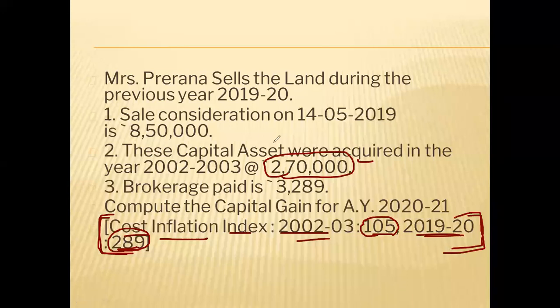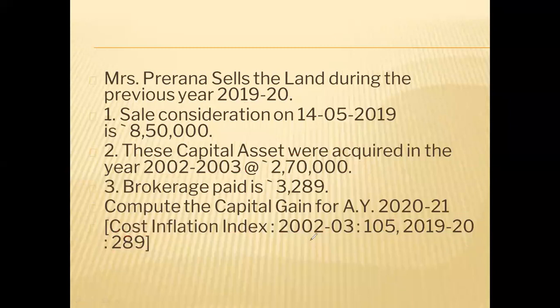Normally relevant are the year of sale and year of purchase. In this question, only 2 years of data is given: 2002-3, which is the year of purchase, and 2019-20, which is the year of sale. Sometimes more data may be given in a question, so you have to select which year is relevant. Year of sale and year of purchase will normally be relevant. If there is some improvement given in the question, that year will also be relevant.